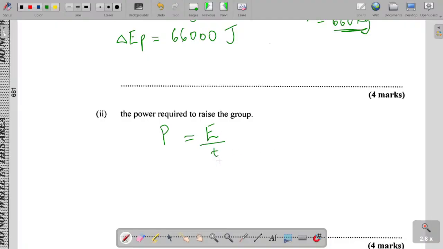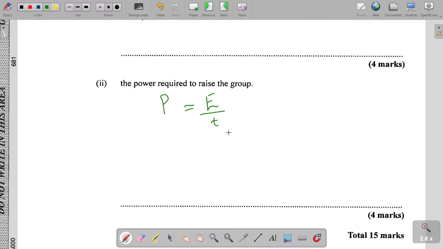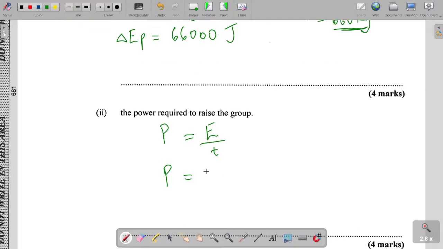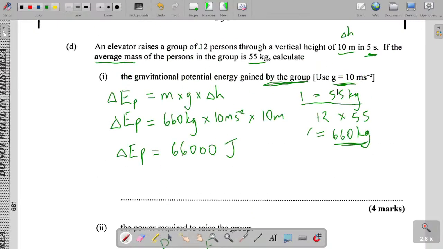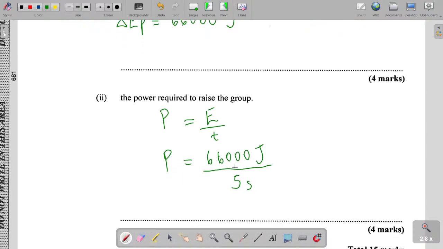So energy divided by time, and we have already found the energy here, right? So the power is going to be equal to the 66,000 joules of energy divided by the time, which is 5 seconds, and time must always be in seconds when you're using this equation here.